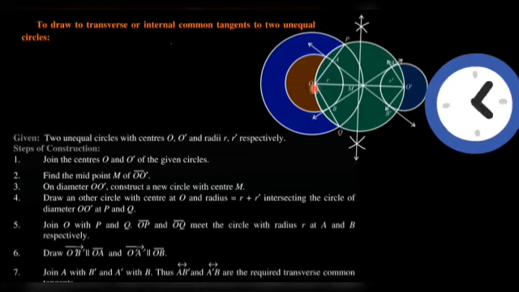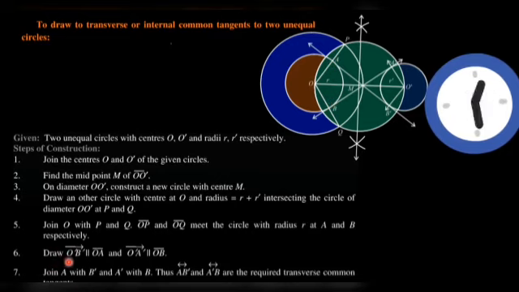So this is the circle with radius R plus R prime. This circle intersects the middle circle at points P and Q, and it cuts the circle with radius R at points A and B respectively.